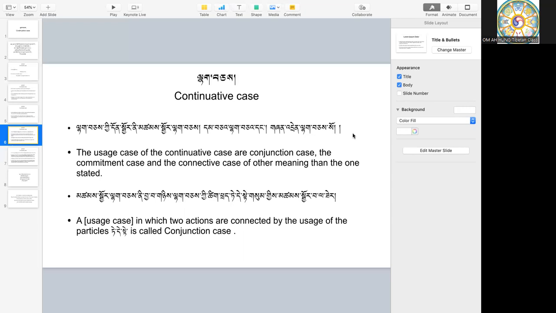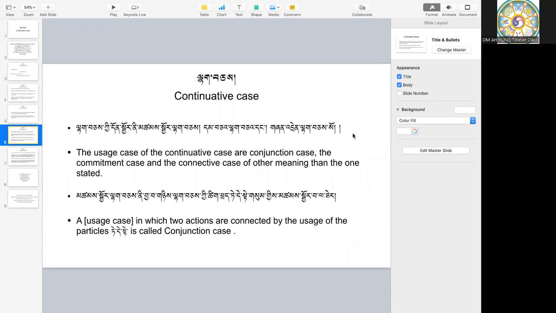The two actions which will be stated are both separated by this particle as well as connected by this particle.